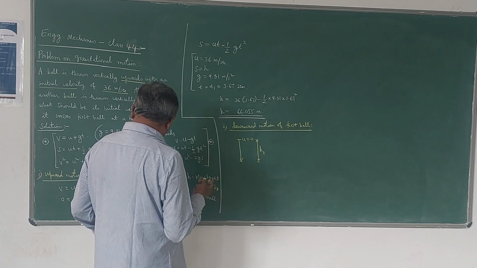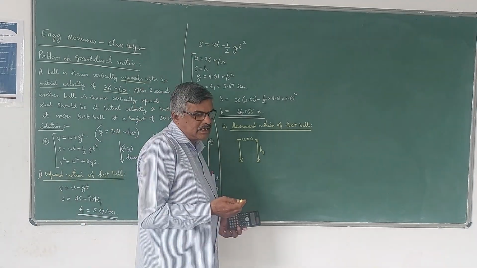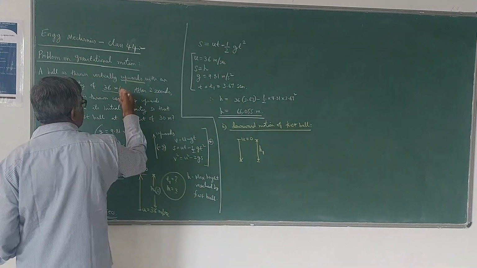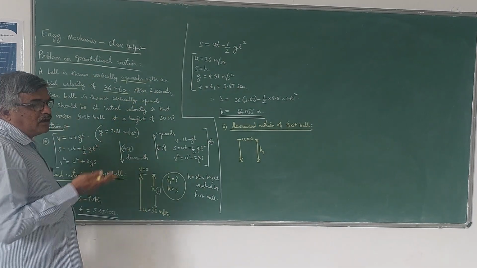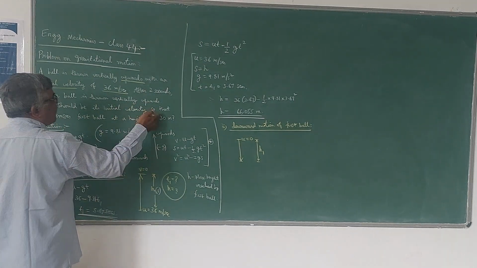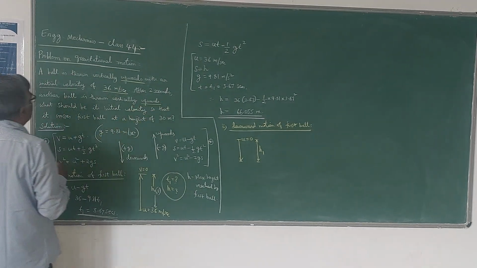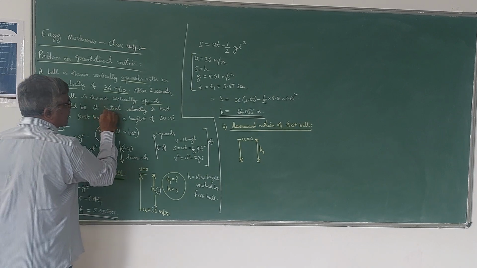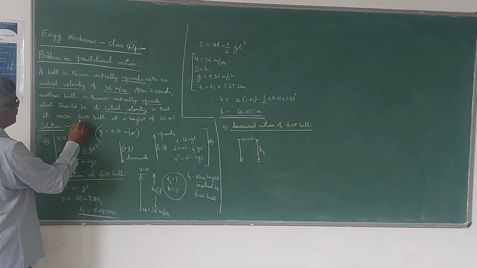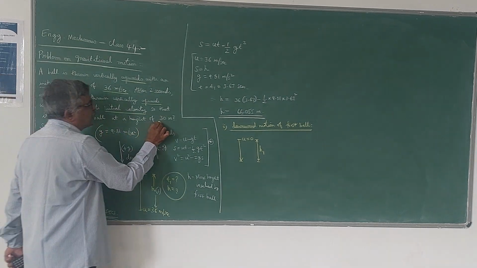Now, what he has given here is that another ball is thrown after 2 seconds, vertically upwards. What should be the initial velocity of the second ball so that it crosses the first ball at a height of 30 meters?